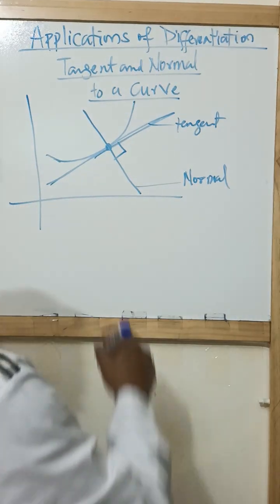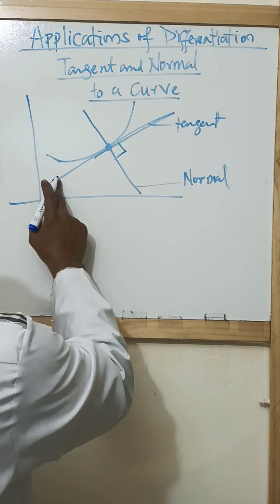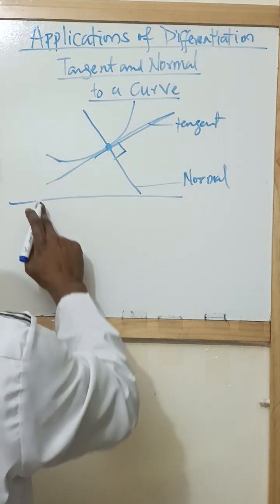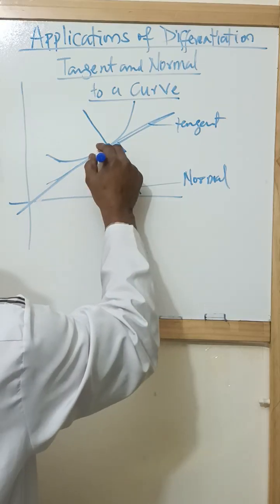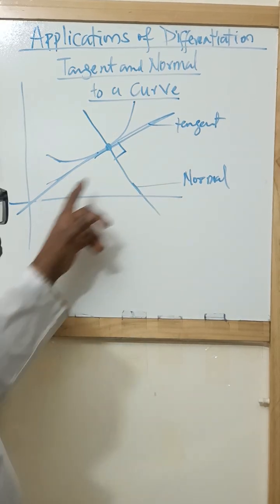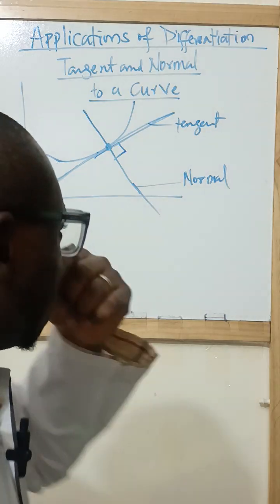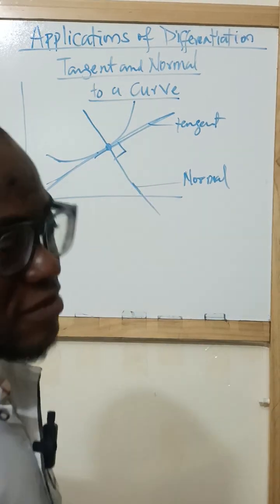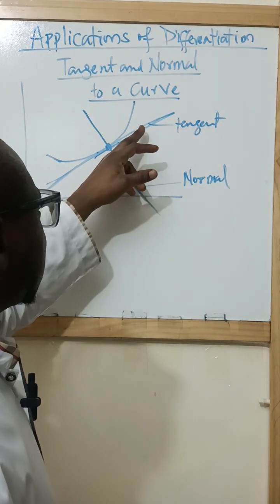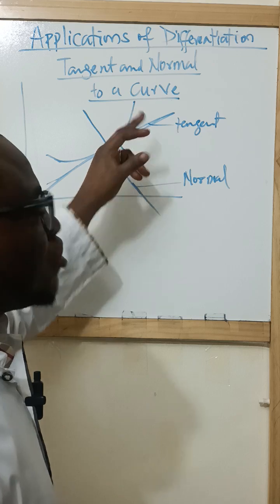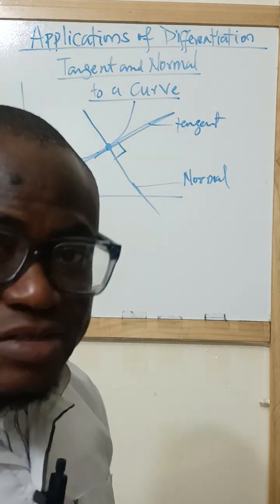Now, you see this line. What is the equation of this line? That is given a gradient and one point. The equation of the tangent is given by the gradient of the tangent, which is the differentiation of that curve at that point.